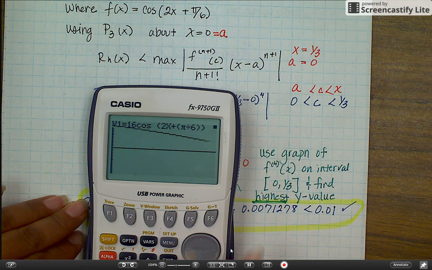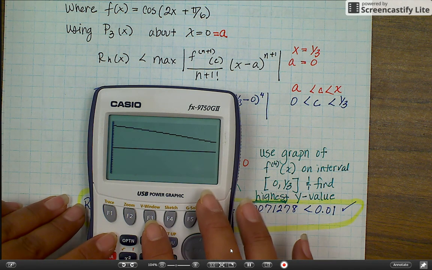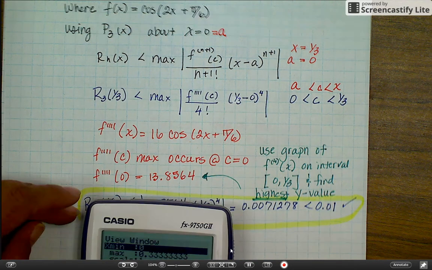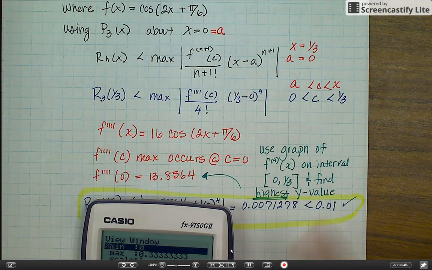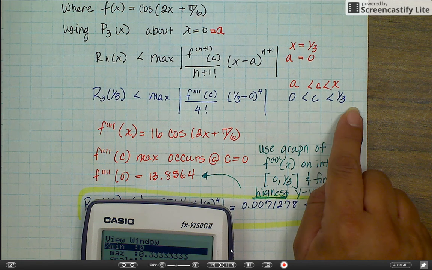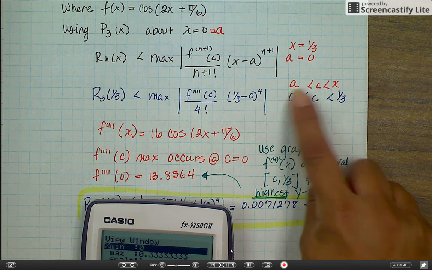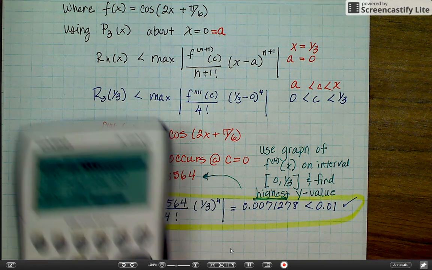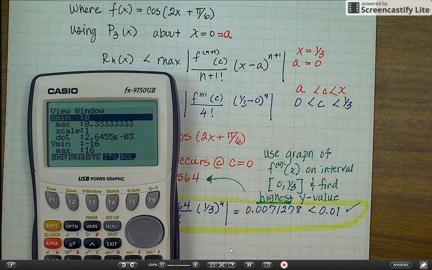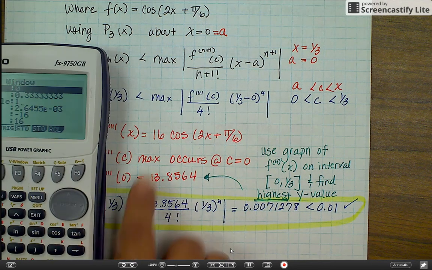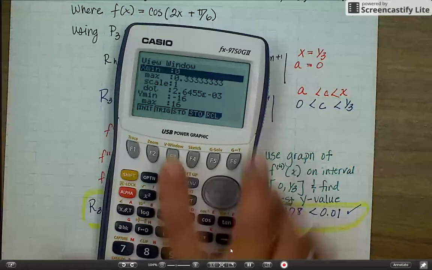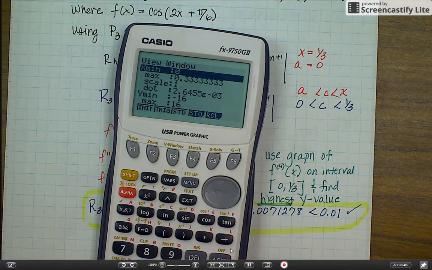When I drew this, I made sure that my viewing window was between 0 and 1/3, between my a and my x. So my viewing window, the x-coordinates, are in between 0 and 1/3. And what do I know about cosine? That the highest y value is 16 and the lowest y value is negative 16. So I made that my viewing window, okay?